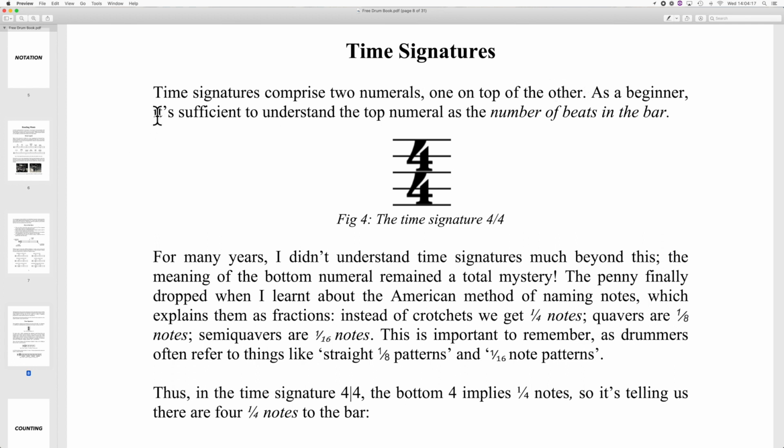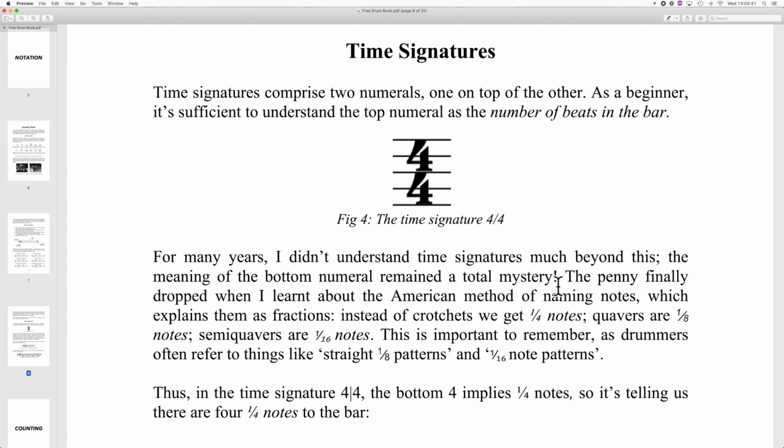As a beginner, it's sufficient to understand that the top numeral means the number of beats in the bar. So this 4 here means the number of beats in the bar. For many years, I didn't understand time signatures much beyond this. And indeed, you probably don't need to begin with, because most of the stuff you're going to be doing is in 4/4.